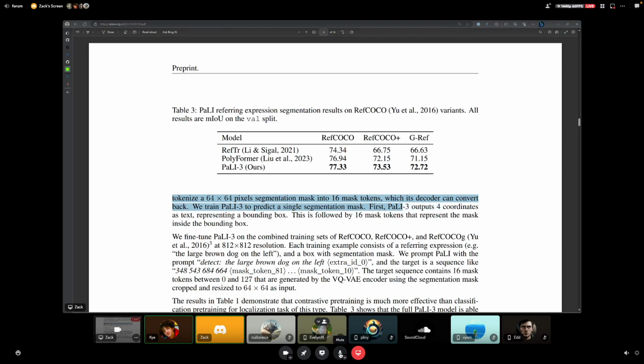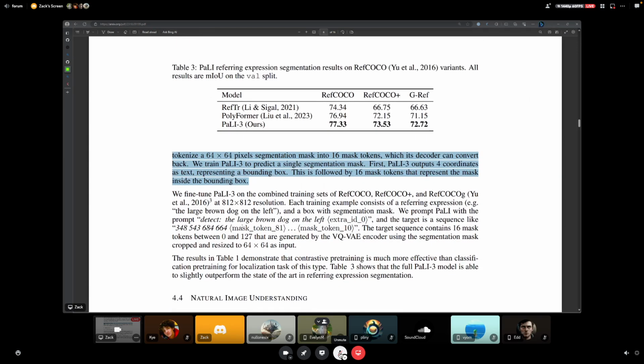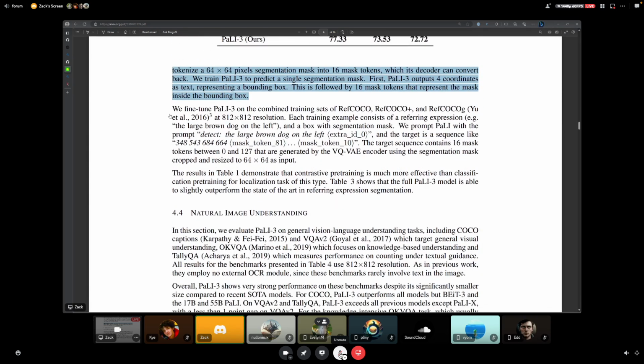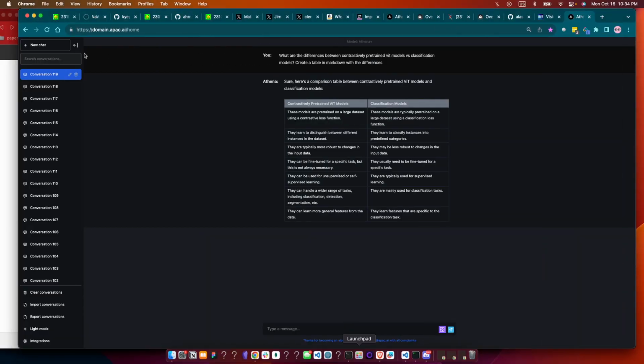First, Poly 3 outputs four coordinates of text representing a bounding box, and this is followed by 16 mask tokens that represent the mask inside the bounding box. We fine-tune Poly 3 on the combined training set of RefCOCO. Each training example consists of a referring expression and a box and segmentation mask.